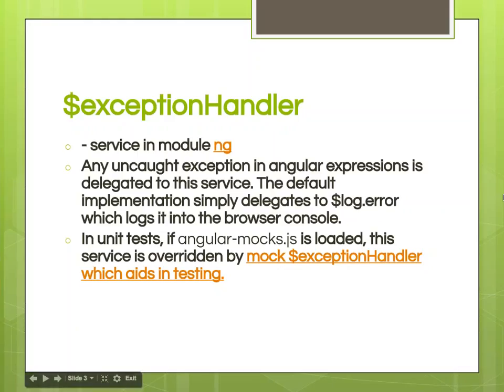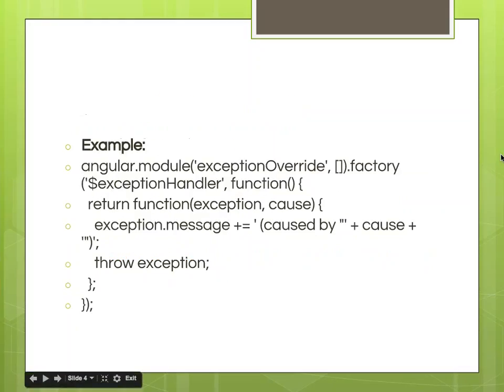This is an example of how to override. You can see I'm referring to factory exception handler in the third line. I'm defining it actually. No need to pass anything.